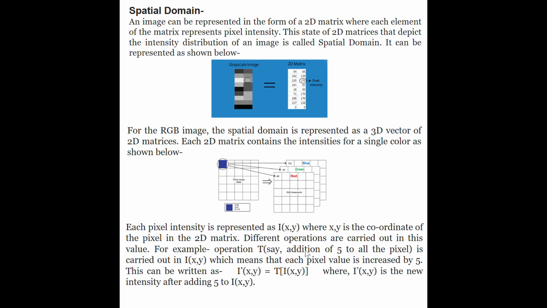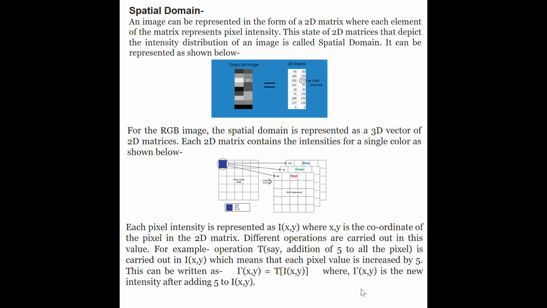The different operations that are carried out in image processing on the spatial domain are based on the pixel, so you do pixel-wise operations. For example, suppose I have a transformation function of adding 5 to all pixels. The 5 is added to each and every I of x y, so that I dash of x y equals I of x y plus 5.